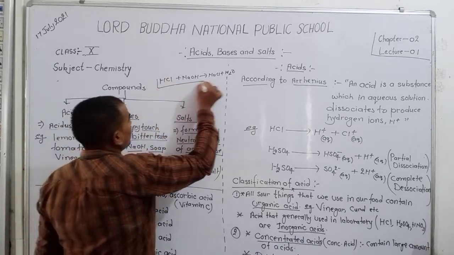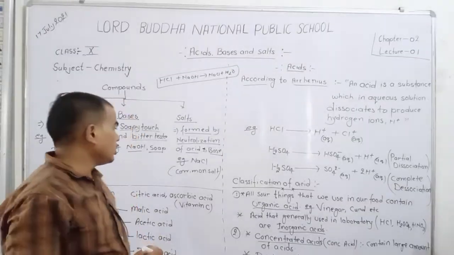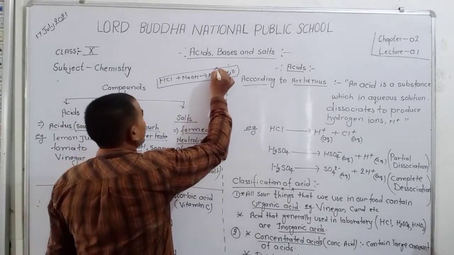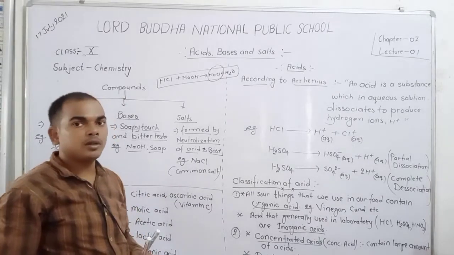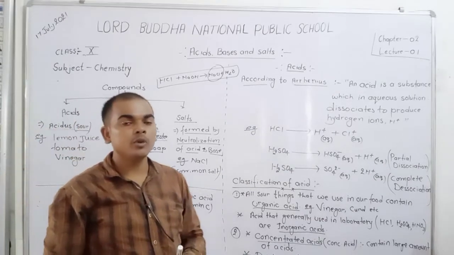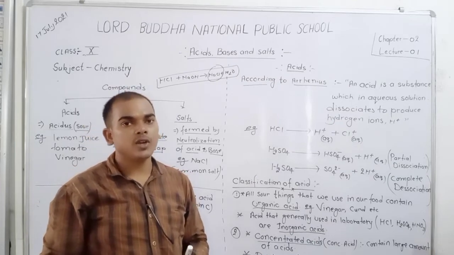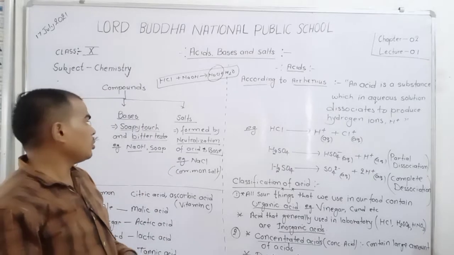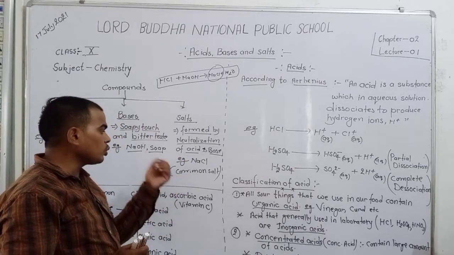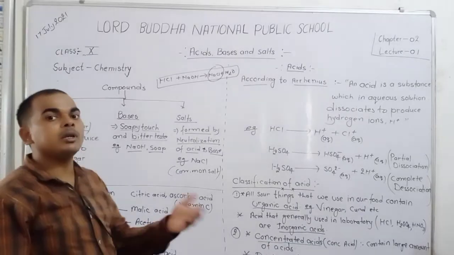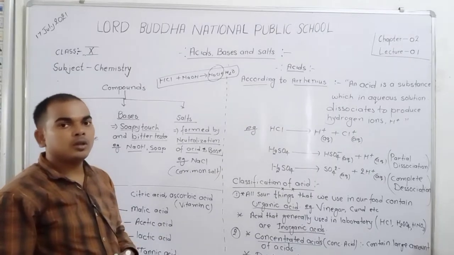After neutralization we obtained NaCl, that is common salt, obtained by the neutralization of sodium hydroxide, that is base, and hydrochloric acid, that is acid. NaCl is known as salt and also as common salt or table salt, which we use daily in food.